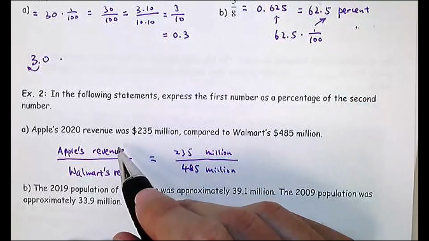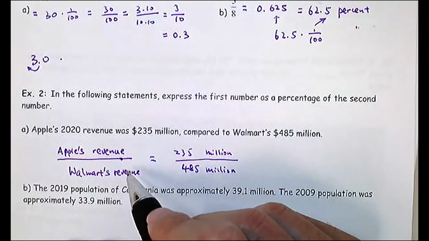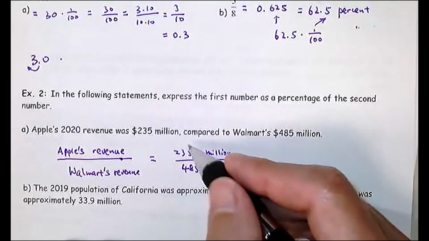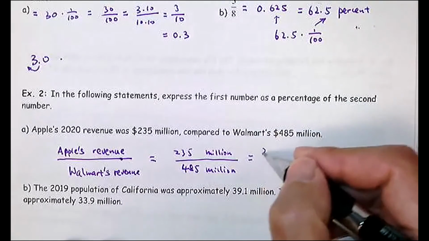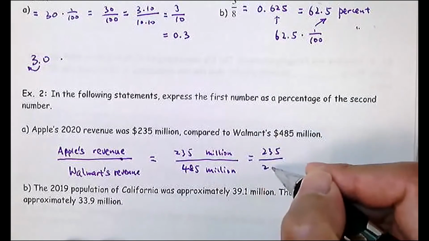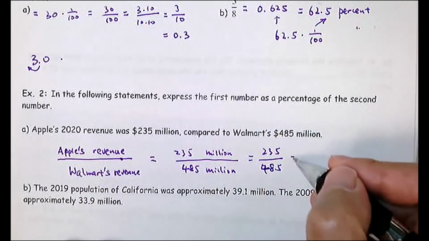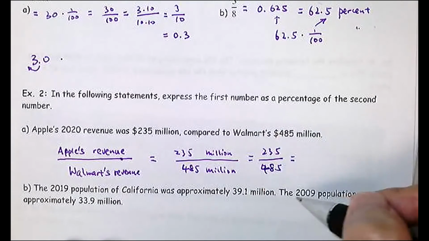That's the ratio between Apple's revenue and Walmart's revenue. Since they have the same unit, the unit can cancel. So we have 2, 3, 5, 4, 8, 5.